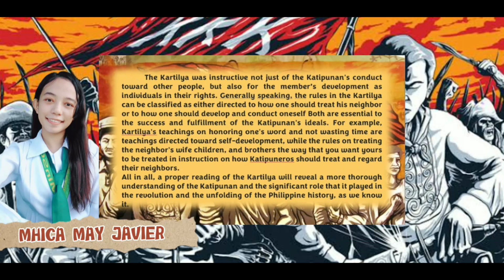The Cartilla was instructive not just of the Katipunan's conduct toward other people, but also for the members' development as individuals in their own right. Generally speaking, the rules in the Cartilla can be classified as either directed to how one should treat his neighbors or to how one should conduct oneself, both essential to the success and fulfillment of the Katipunan's ideas.